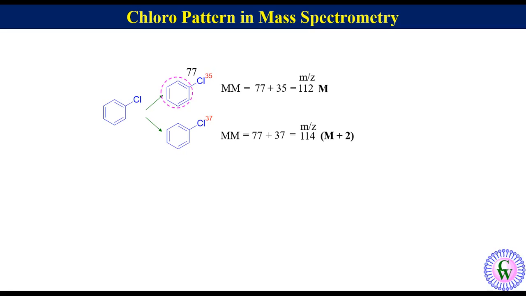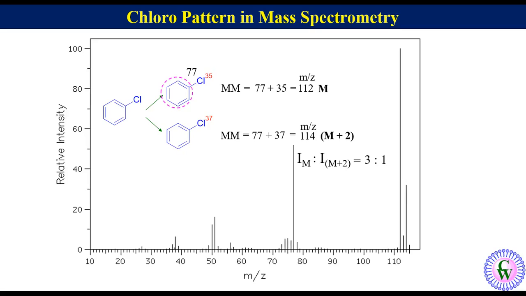The intensity ratio of M to M plus 2 will be equal to the relative abundance of the chlorine isotopes, that is 3:1. This is the mass spectrum of chlorobenzene. These are the two peaks M and M plus 2 with m/z 112 and 114 with the intensity ratio of 3:1.